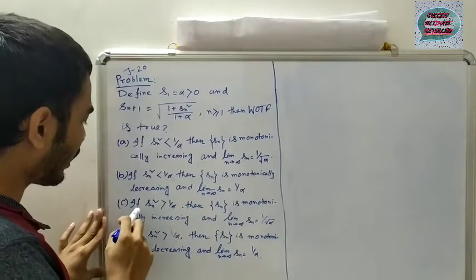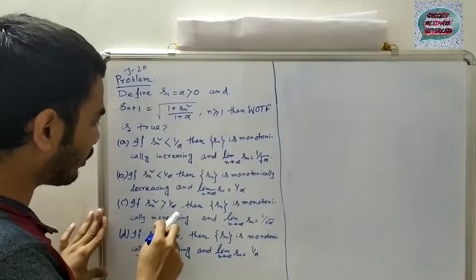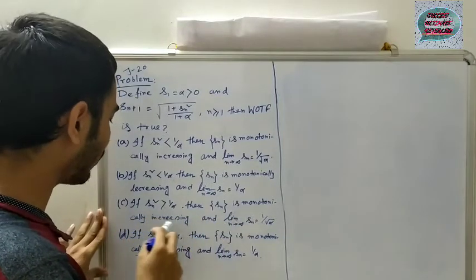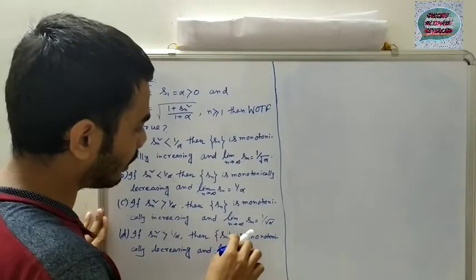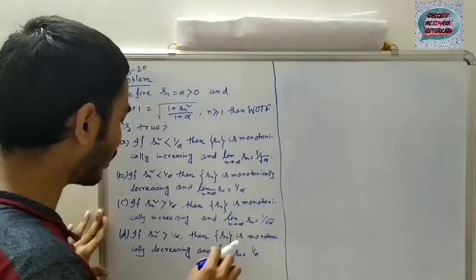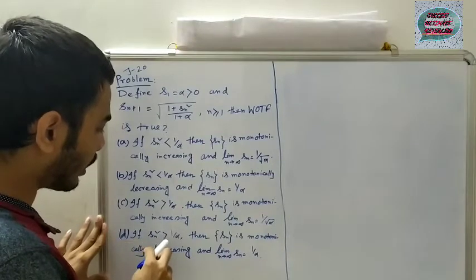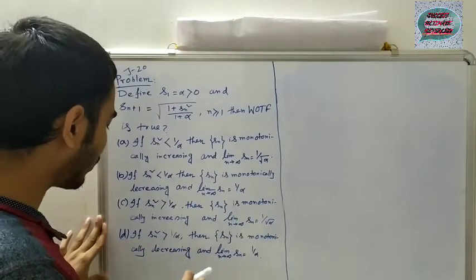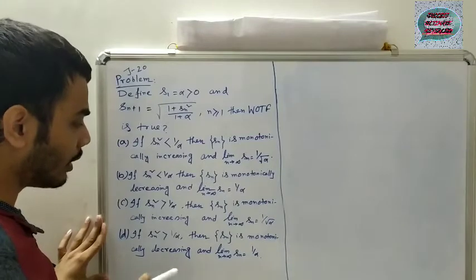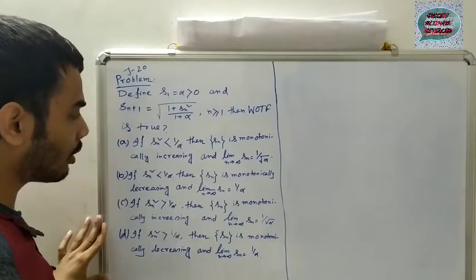Third option: if Sn² is greater than 1/alpha, then Sn is monotonically increasing and the limit of Sn equals 1/root alpha. Fourth option: if Sn² is greater than 1/alpha, then Sn is monotonically decreasing and the limit of Sn equals 1/alpha.